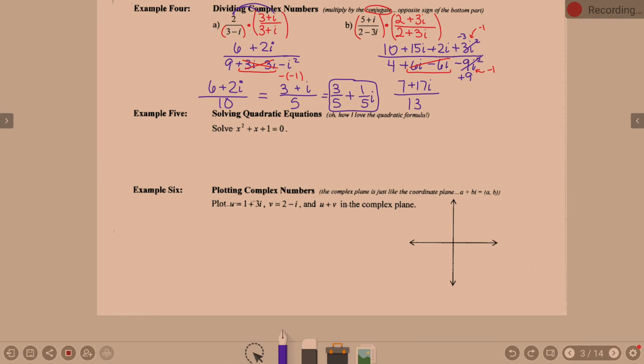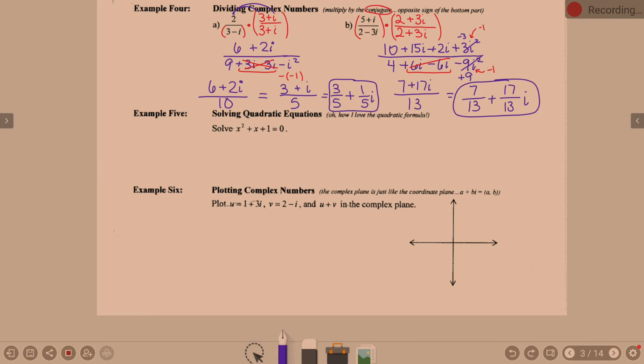To officially write this in complex number form, I'm going to say 7/13 plus 17/13 i. Okay, we're getting there. We keep moving quickly.